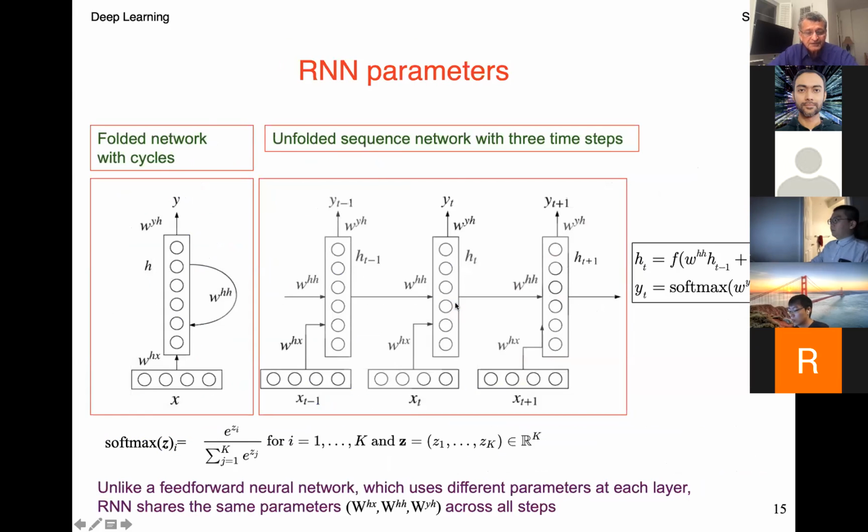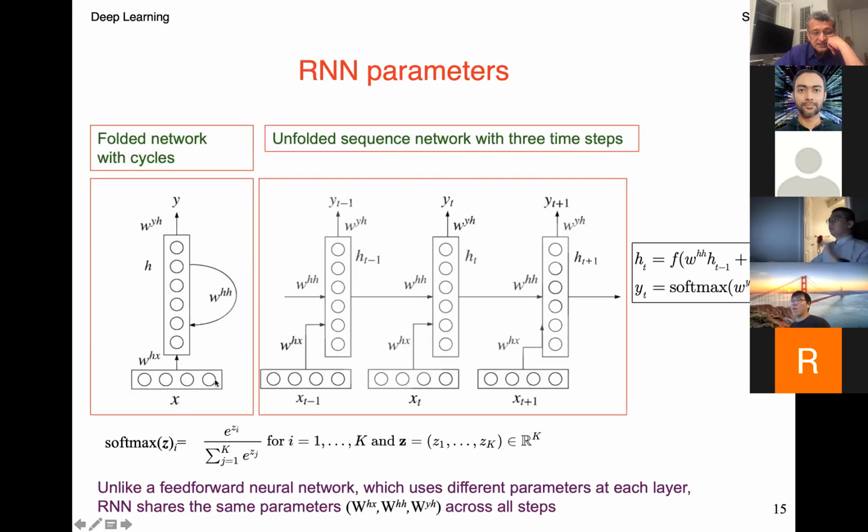Here's another example that I found, RNN parameters. Here is an example of a folded network with cycles and an unfolded network with 3 time steps. Let's take another look at this. X is a vector input, and that vector input goes to a hidden layer set of values, and the hidden layer goes to an output Y. So this is a standard feed-forward network with one hidden layer.